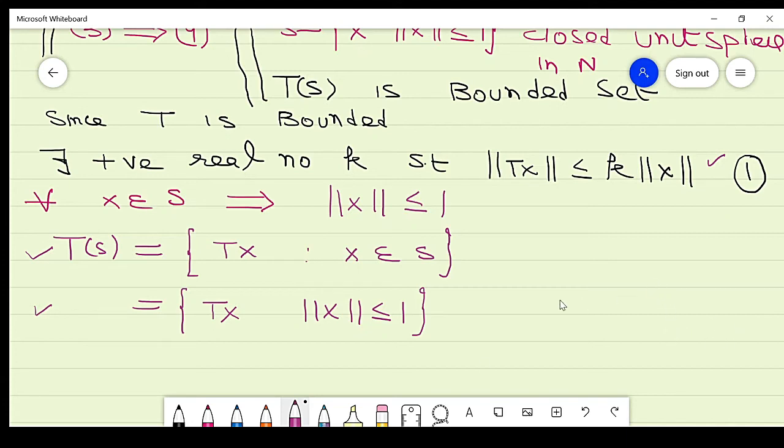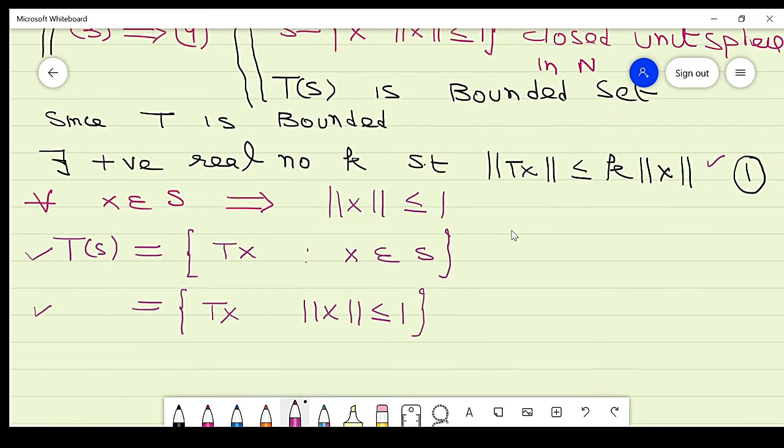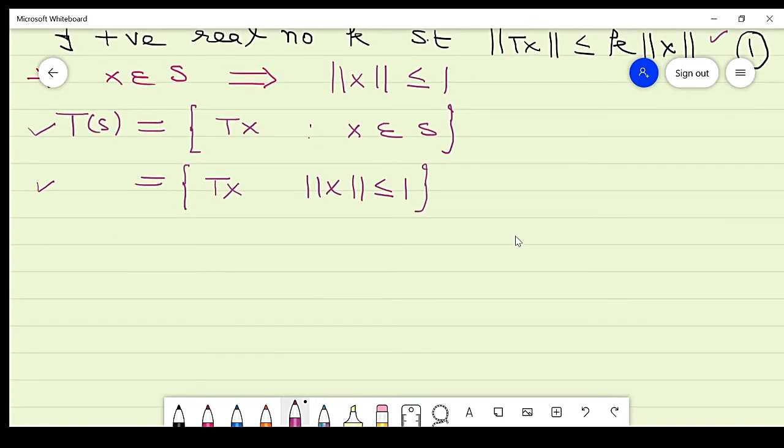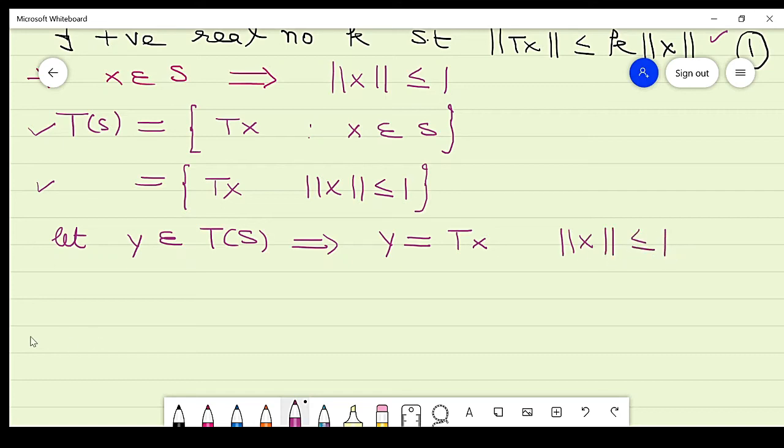Now equation number 1 is true for every x belongs to N. Now if y belongs to T of S, it implies y is of this kind, Tx, where norm of x is less than or equal to 1, right?